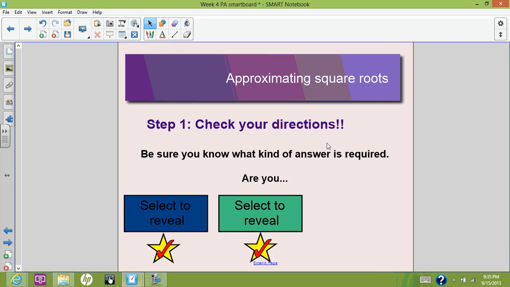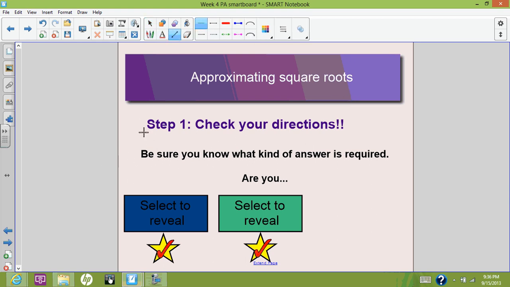Moving on, go on to the next page of your notebook and let's actually talk about how we approximate square roots. Before we actually get into it though, we need to check something. When you're given a math problem, the very first step you should ever do, step 1, is check your directions.